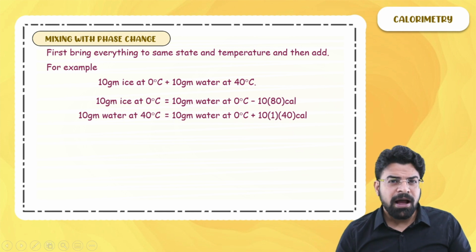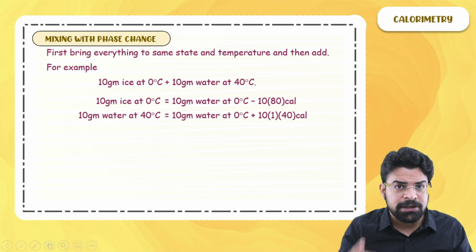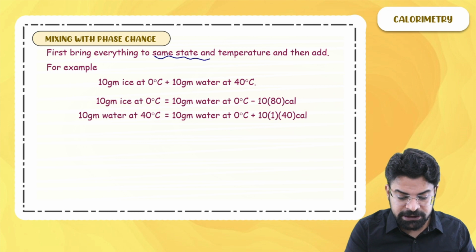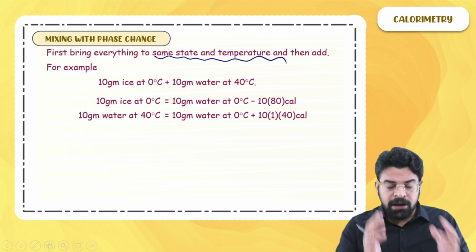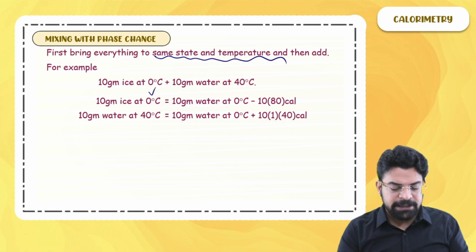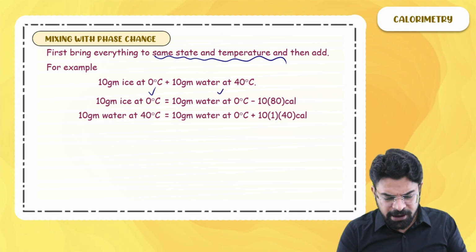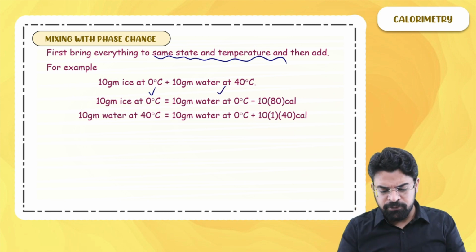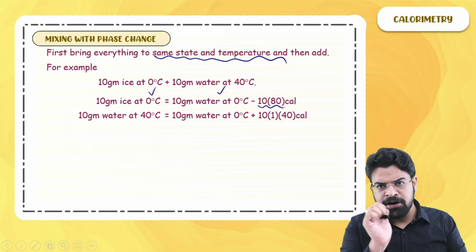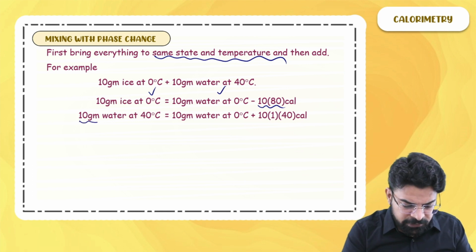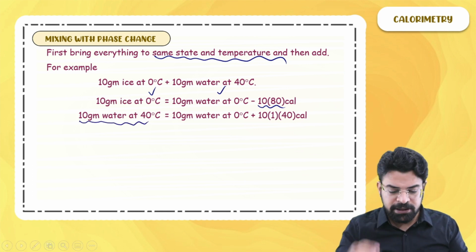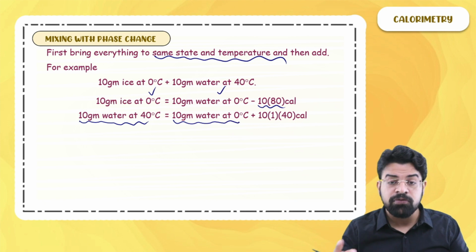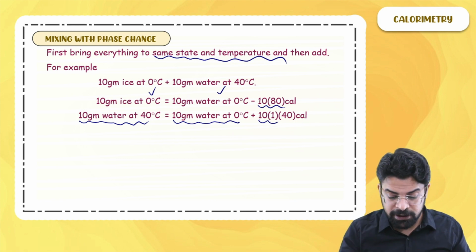So what have I done here? I have brought both the substances to the same state and temperature. Now rather than thinking of 10 gram of ice at 0, I am thinking that I have 10 gram of water at 0, from where I have to extract out 800 calorie. Rather than thinking of 10 gram of water at 40, I am thinking that I have 10 gram of water at 0, to which I am going to provide 400 calorie.